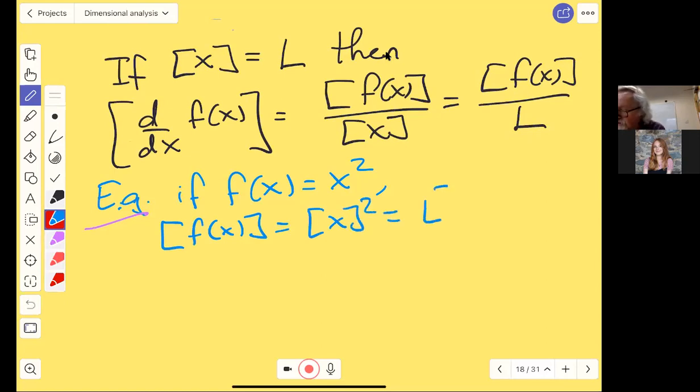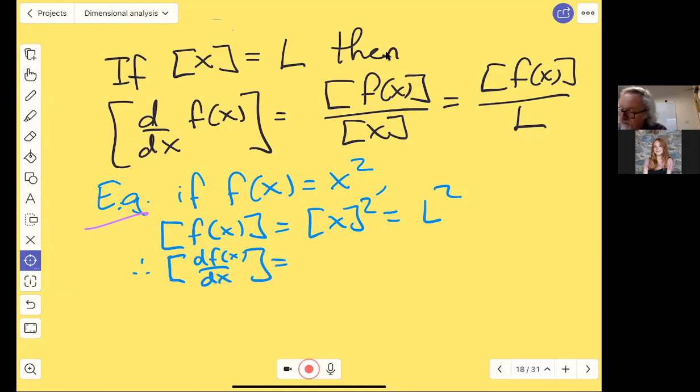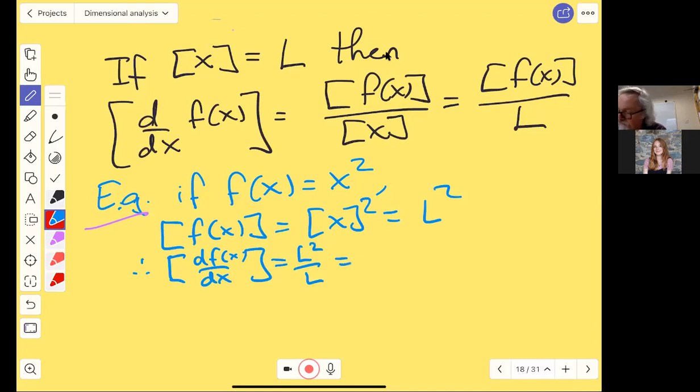So that's L squared. So therefore, the dimension of the derivative, just going back to here, is going to be L squared from the function divided by L. And L squared over L partly cancels, and we're left with L to the 1, or L. And that is, of course, true.